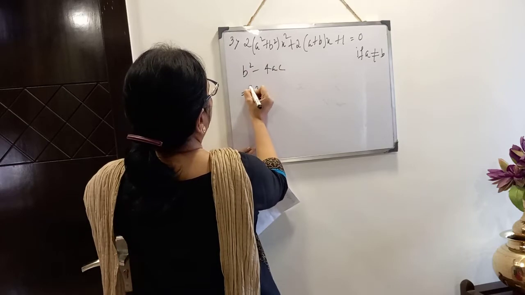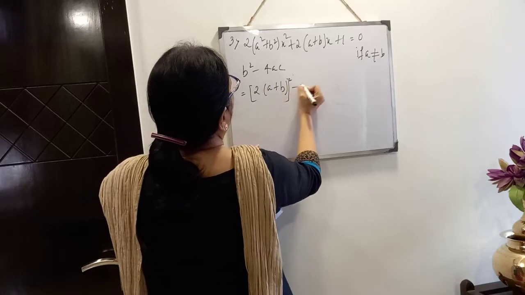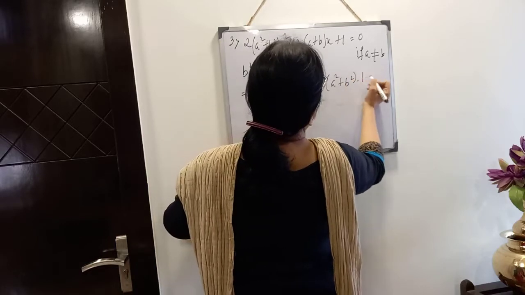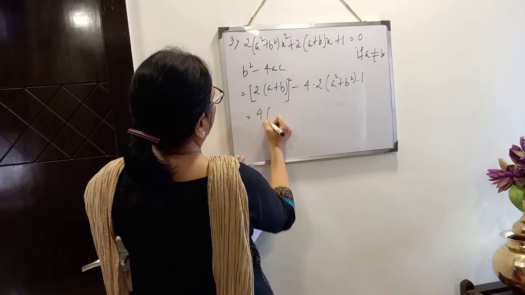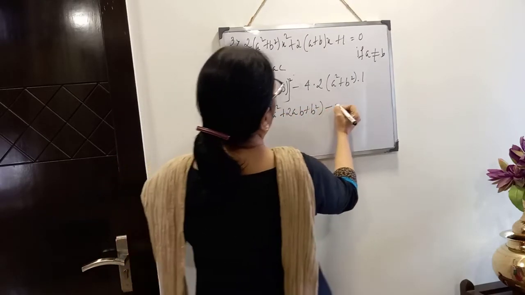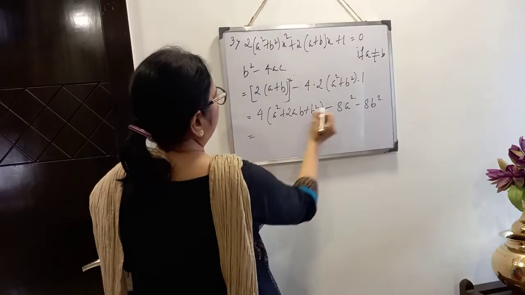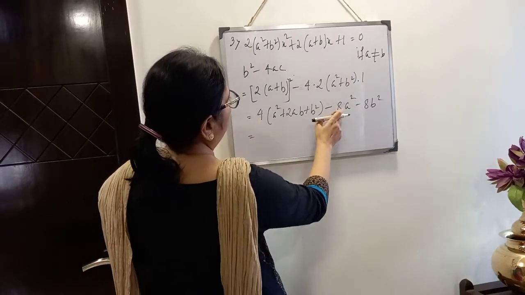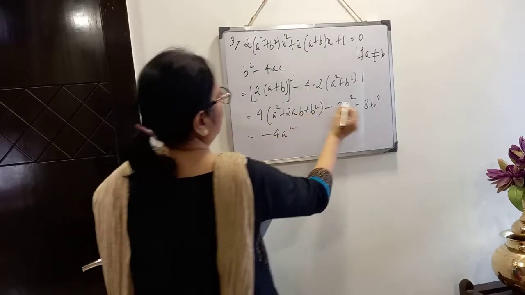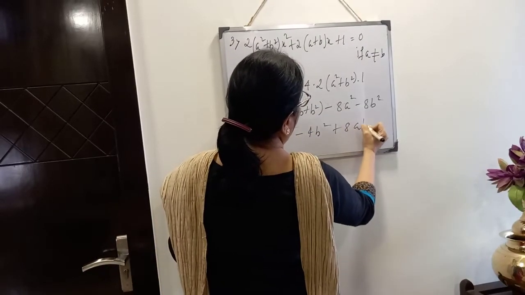Here your b is this. Minus 4ac. Opening the bracket, (a plus b) whole square, here minus 8a square minus 8b square. 4a square minus 8a square means minus 4a square. 4b square minus 8b square means minus 4b square and plus 8ab.